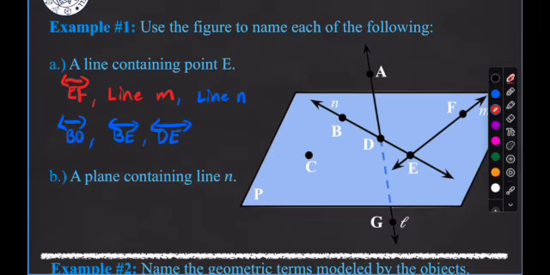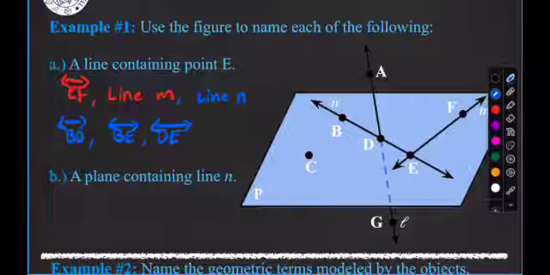A plane. Remember, whenever we were listing off or naming a plane, we had to have at least 3 points, right? At least 3 points. Notice, B, D, E, F, C are all within this plane. A is outside that plane, right? But we can create a plane using any 3 points.